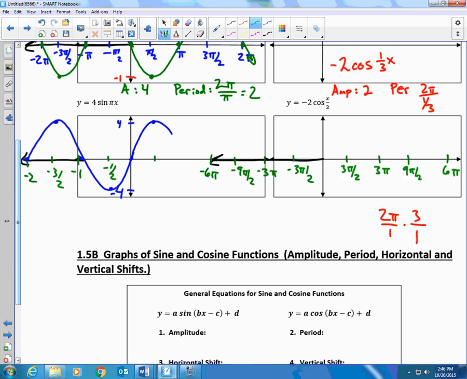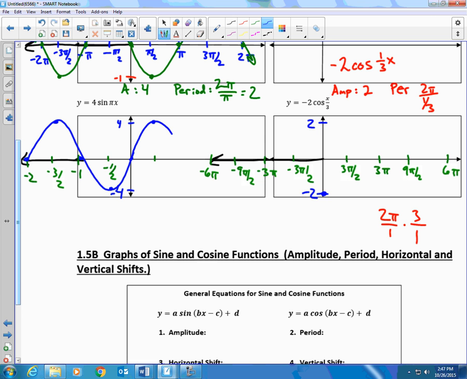All right, this is cosine. Does cosine start at the middle or does it start at the max or min? It starts at the max or min. Will this cosine start at the maximum or will it start at the minimum? Why will it start at the minimum? Because of the negative. It wants to start up here at +2, but it has a negative, and that reflects it over the x-axis to be right here.